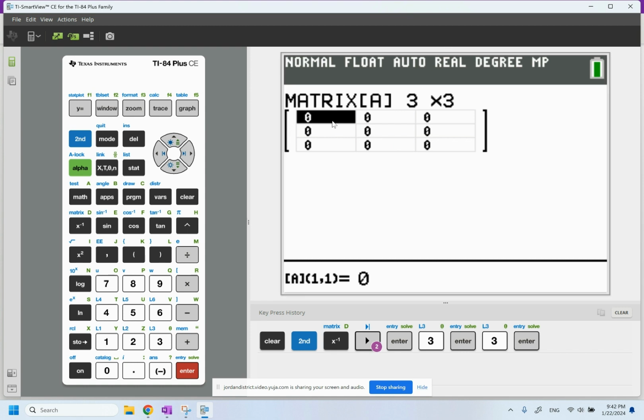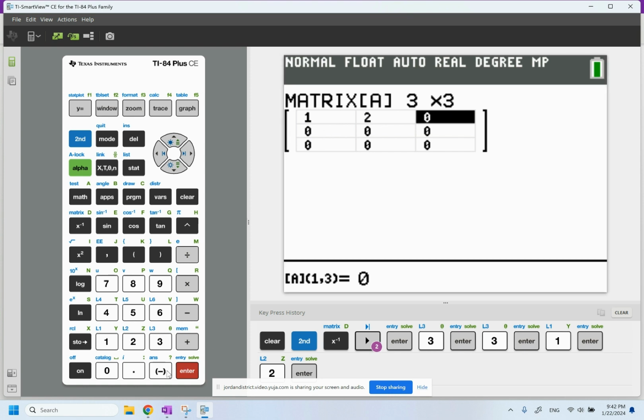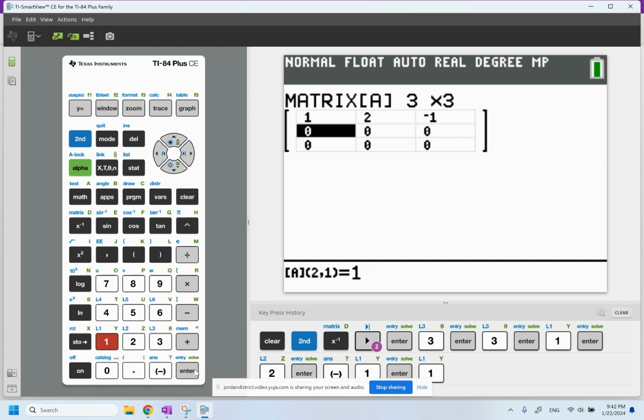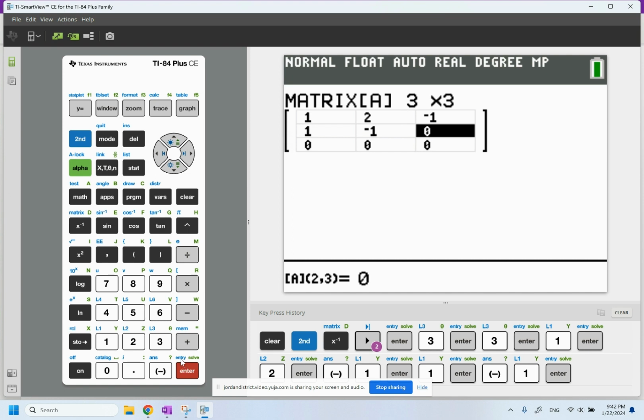And then I'm going to enter in the values that I just wrote down on the other page. 1, enter. 2, enter. Then negative 1, enter. 1, enter. Again, negative 1, enter. 2, enter.